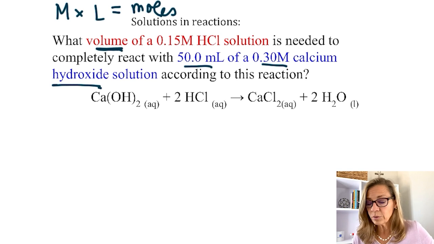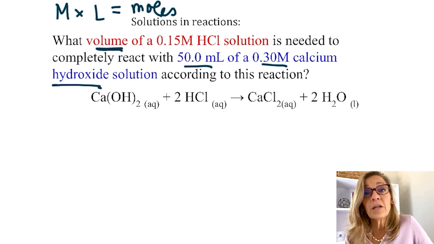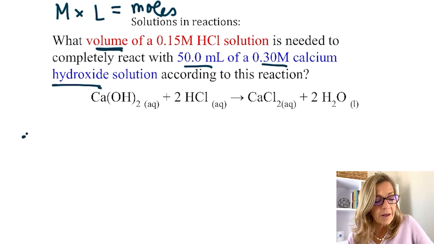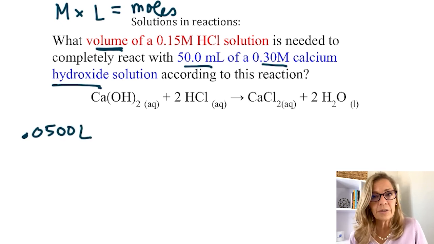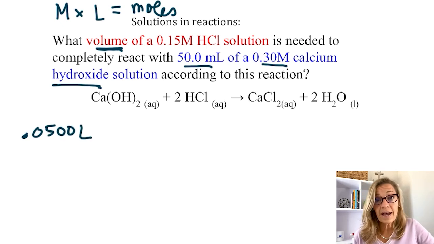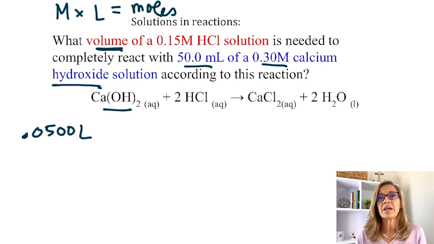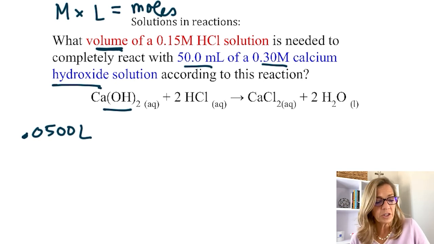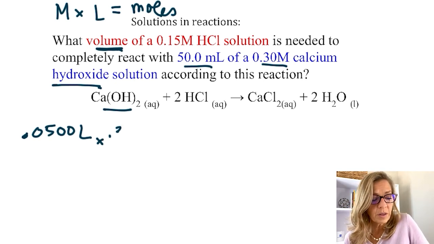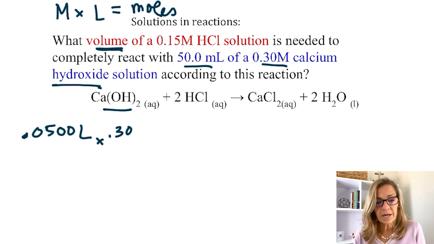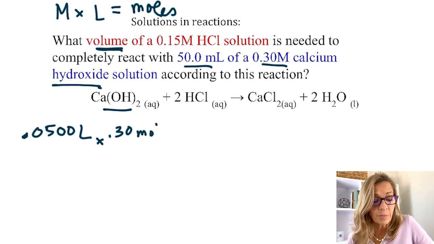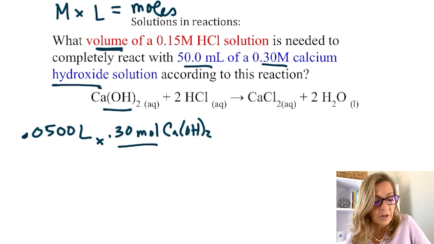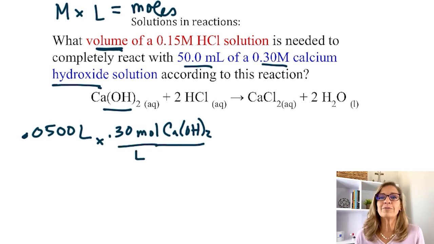So I will start with the known. I have 50 milliliters, which is 0.05 liters. I'm dealing with the calcium hydroxide right now because I have both the volume and the concentration. So times 0.30, that's my molarity. I'm going to write it as moles of calcium hydroxide per liter of solution.